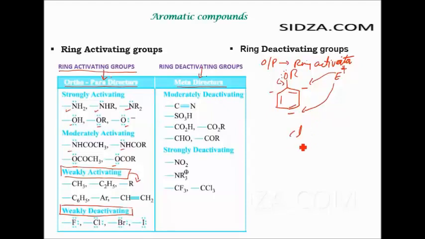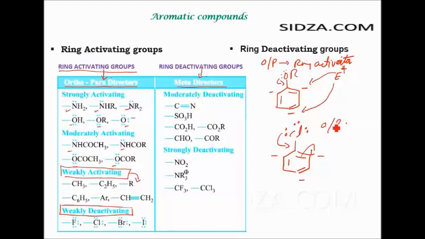Halogens, if you talk about chlorobenzene, they have lone pairs of electrons there. Three lone pairs of electrons, so they can also increase the negative charge at the ortho and the para. So therefore we can consider this chlorine as an ortho-para directing group.